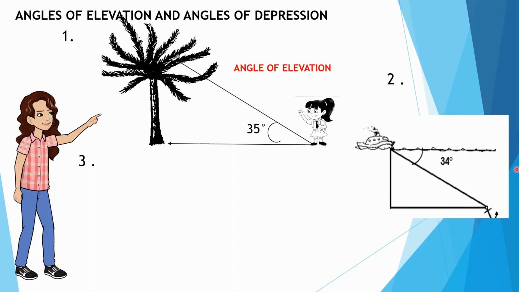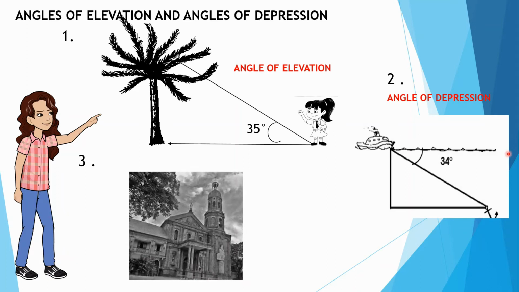For number two, this is a boat. If you have 34 degrees here, this is the line of sight, and you need to look for an object downward. That we call the angle of depression.